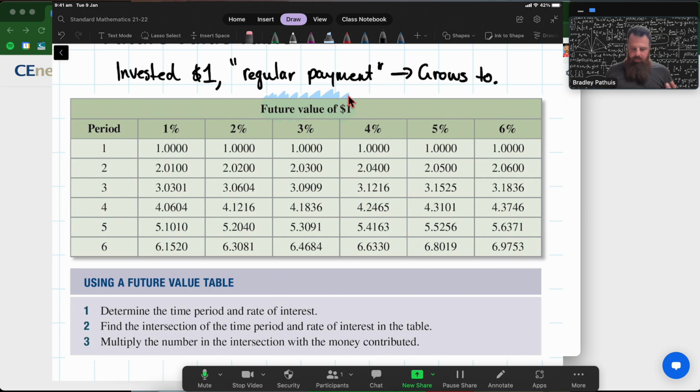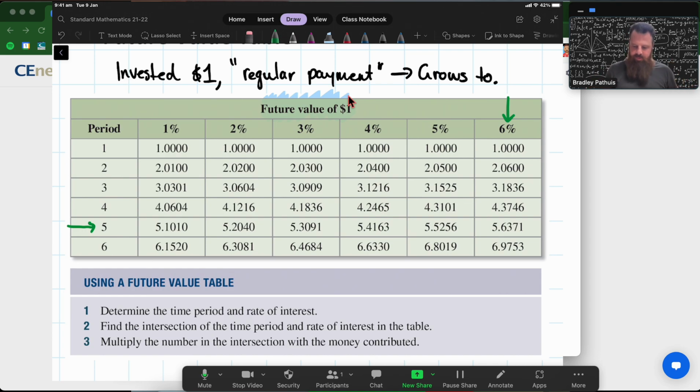So picking up something, if I invested $1, if I put $1 in a bank account regularly at 6%, and I invested it for 5 periods. Now I might put $1 in at the end of every year, and I get 6% per year. I might put $1 in at the end of every month, and I get 6% per month, or $1 at the end of every week, and I get 6% per week.